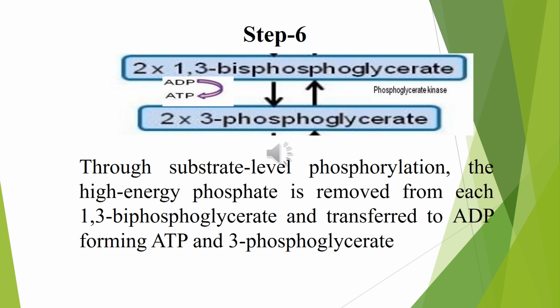This reaction is catalyzed by the enzyme phosphoglyceric kinase. This is the first site of ATP synthesis. When one substrate is converted to the other form, ATP synthesis occurs. Hence, this type of ATP synthesis is known as substrate level phosphorylation.